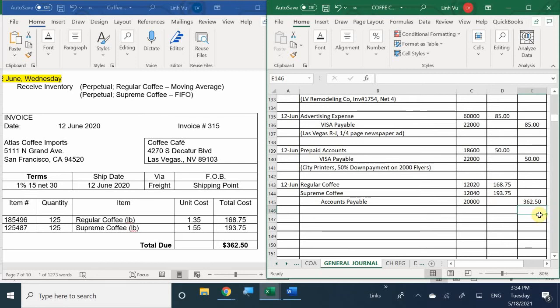Here we have all the information that we need. So let's go ahead and enter this in. We have Atlas Coffee Importers. We have invoice number 315, and we have terms: 1% 15, net 30.